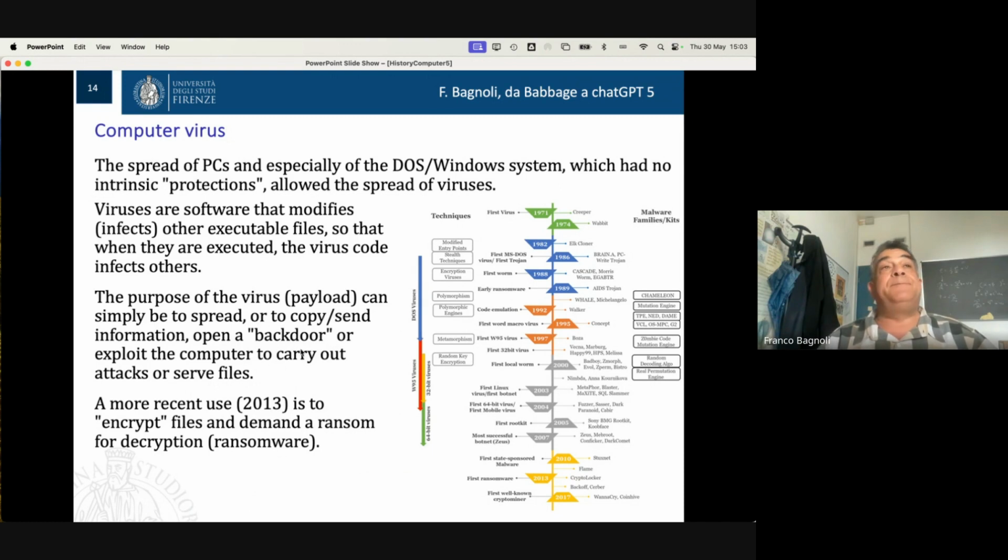Like in the War Games movie, that can be used to use your computer by someone else.